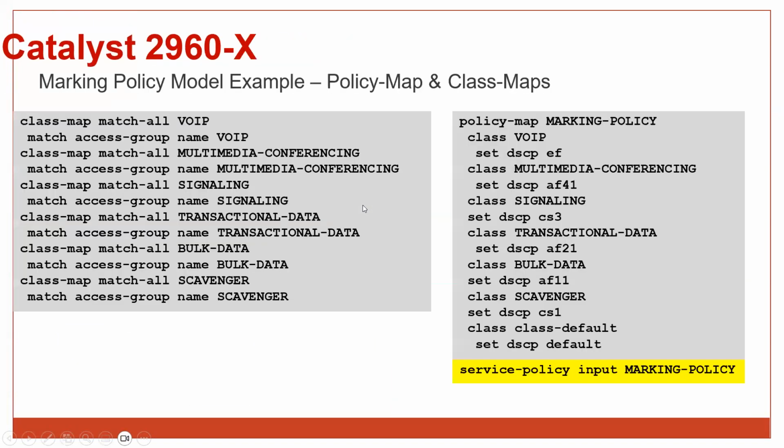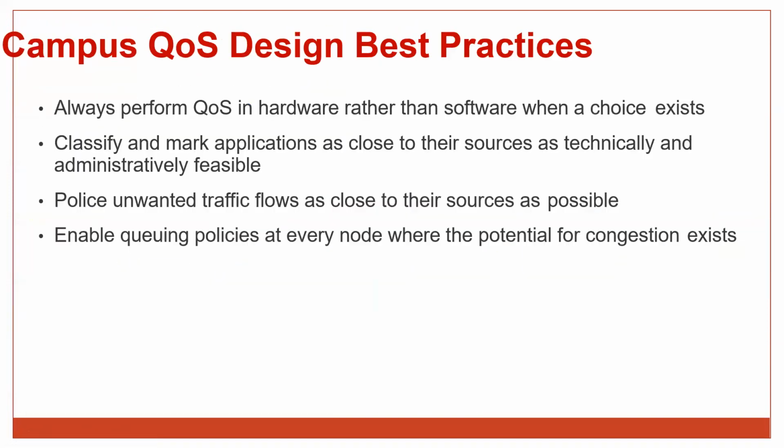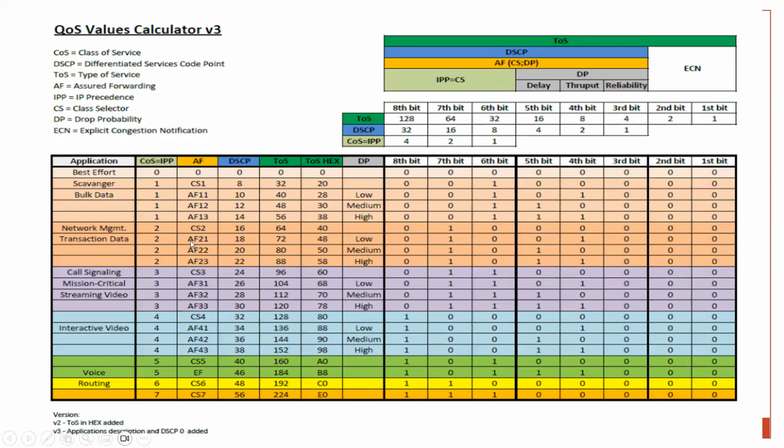If you check this chart, you will see that 5 we are using for voice in the CoS. So now you will understand in the CLI why with the class voice we are using 5, right? Now you will understand this configuration.